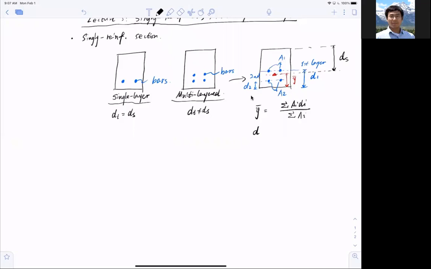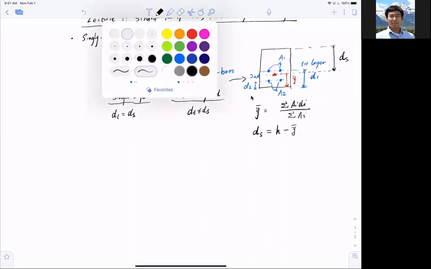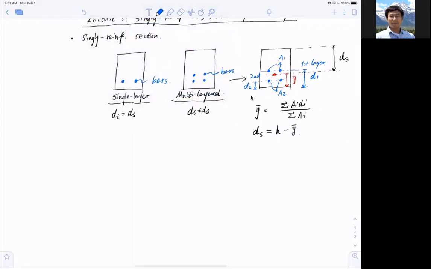The depth ds is equal to the height minus y bar. And naturally, the last layer of the reinforcement, the depth of that last layer of reinforcement, this is dt. So that is the difference between the single layer and multi-layered. And we have gone through the multi-layered.